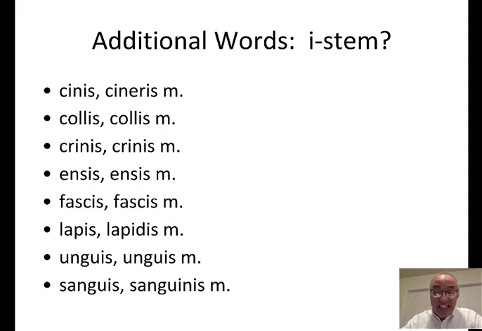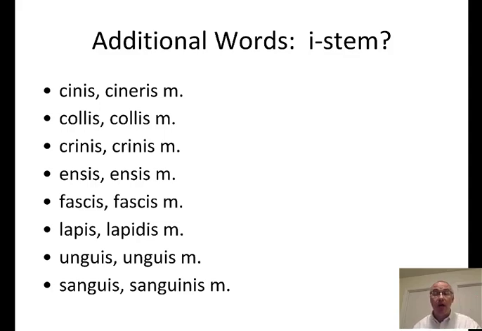For example, canis, canis. Is that an I stem noun? No, it's not parasyllabic. Collis, collis. Is that an I stem noun? Yes, because collis, collis, parasyllabic. Crinis, crinis, same thing. Ensis, ensis, same thing. Fascis, fascis, same thing. Lapis, lapidis. No, it is not parasyllabic.